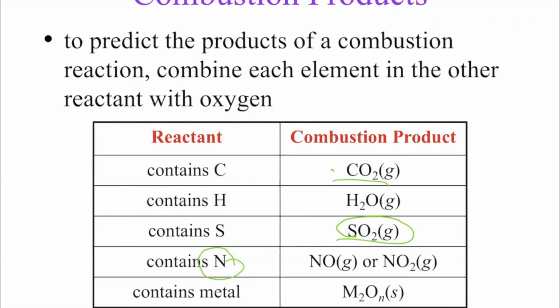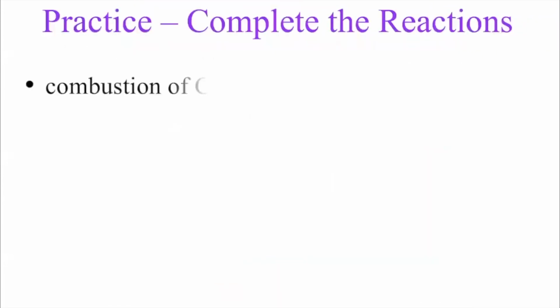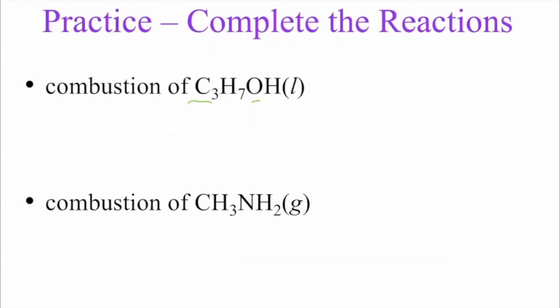So the way you're going to be asked this question will be combustion. So notice that you have carbon and oxygen. What that tells you is that in your products, you're going to have carbon dioxide and water. Notice in here, you have your nitrogen, you have your carbon, and remember that you're reacting this with oxygen.